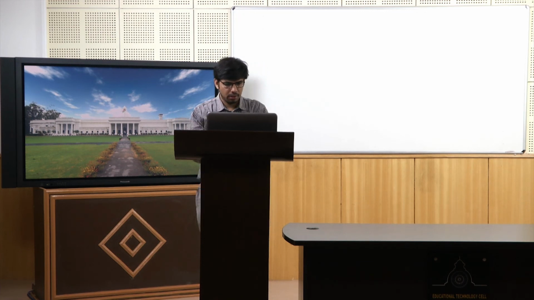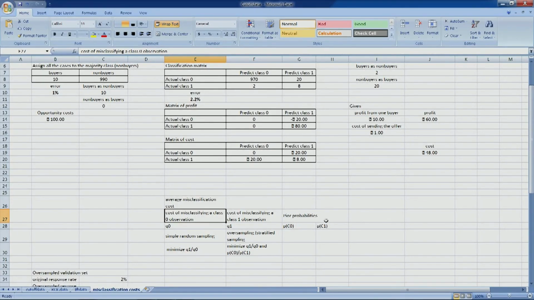So let's go back to our Excel sheet, where the same information is being conveyed. For the average misclassification cost, we need to incorporate the cost of misclassifying a class 0 observation and the cost of misclassifying a class 1 observation. You would see the costs are Q0 and Q1 and the prior probabilities are P0 and P1, and we will have to change our sampling routine.